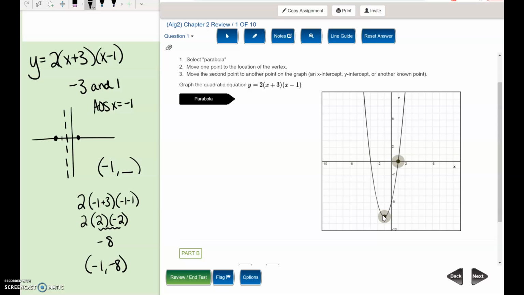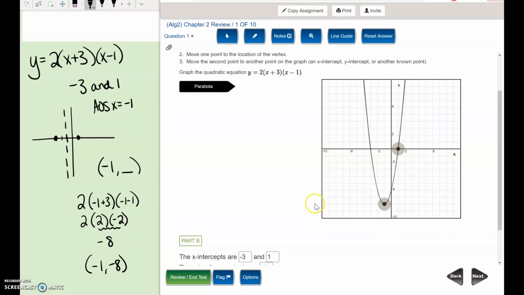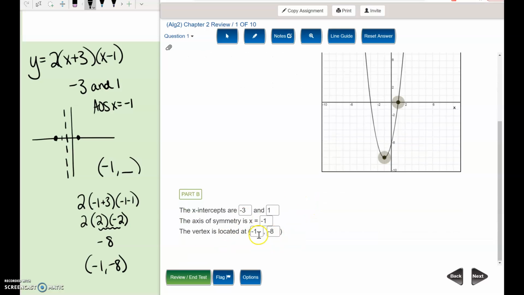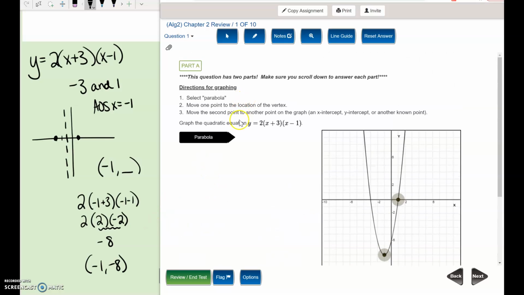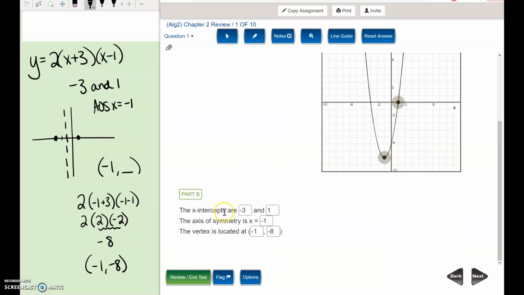So if it's in intercept form, you've got 2 intercepts, pick one and put that in, but you definitely need to have your vertex in order to graph the parabola. So really, if I were you, I would write this equation down on your paper and then scroll all the way down and answer these questions, fill these blanks in before you try to put the parabola on the graph.